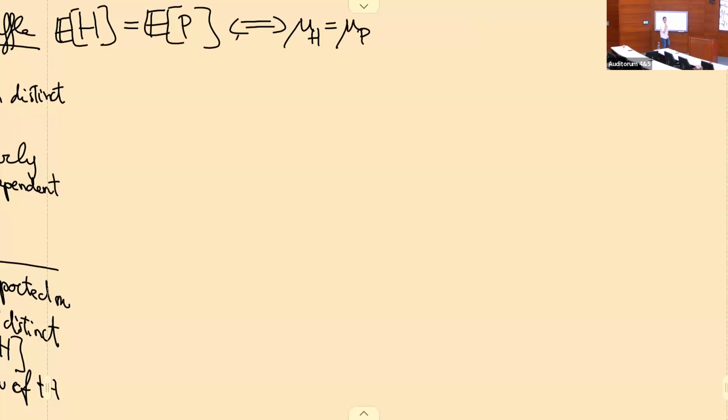This is quite deep, right? Well, it's not deep in this case because you have discretely supported probability measures.